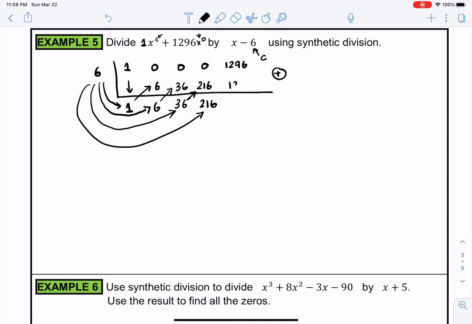We end up getting 1296. And we add those two. We have 1, 6, 36, 216, and 2592.